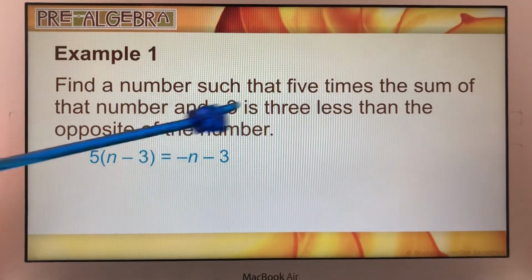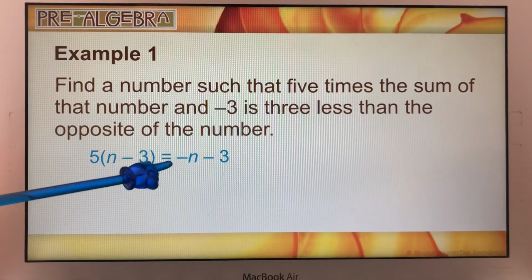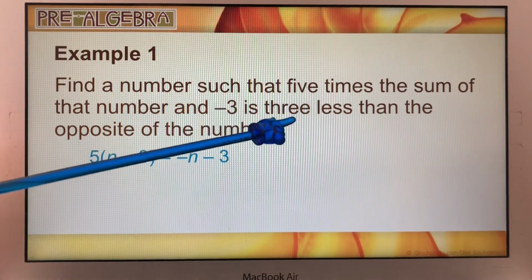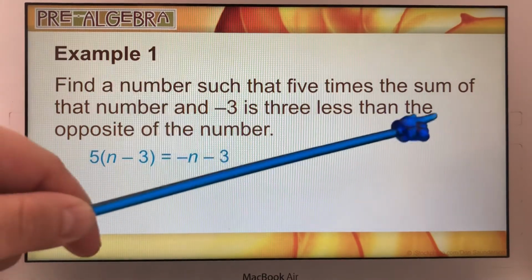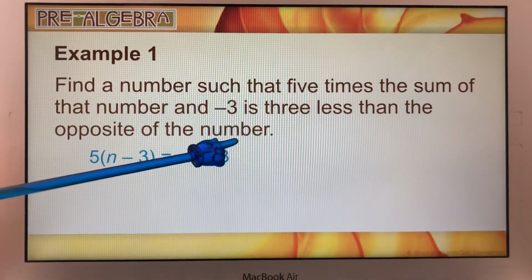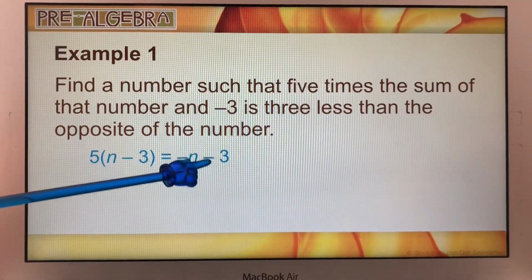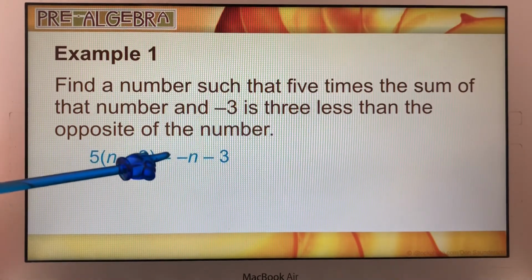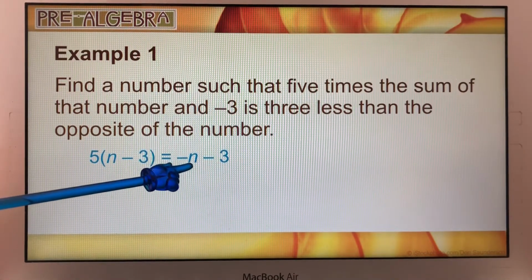That is, right here is "is," so this is equal to 3 less than the opposite of the number. So 3 less is -3. Then the opposite of the number is -n.